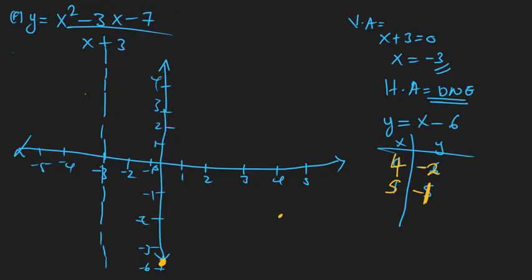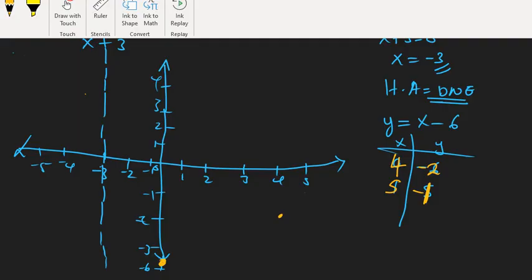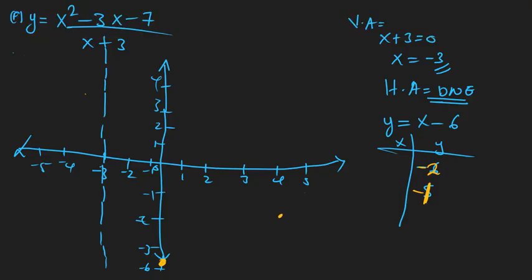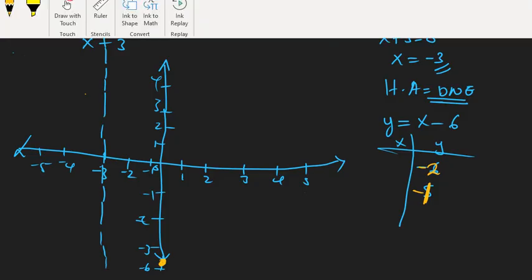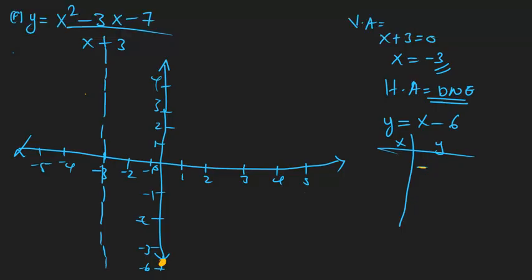Okay, let me try to use the negatives. My screen is very small, so if I plot the line, it won't come out the way it should, unless I was using a big page. So I'm trying to get figures that are going to fit. If x is negative 1, y is going to be negative 7.